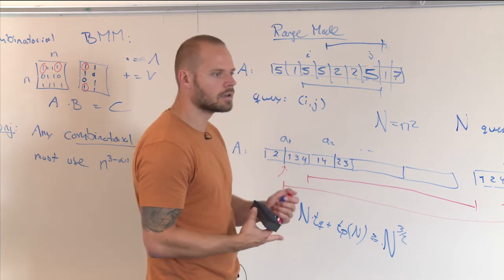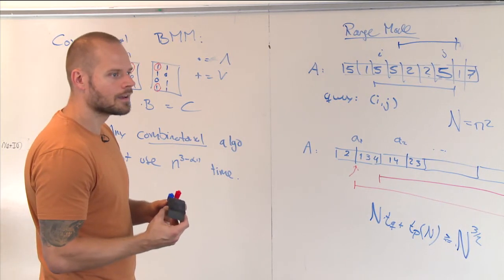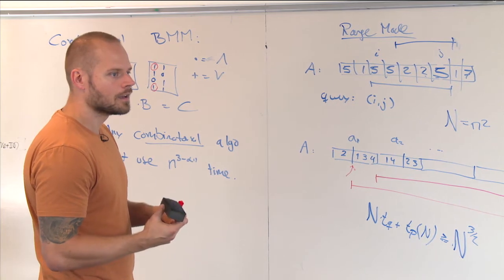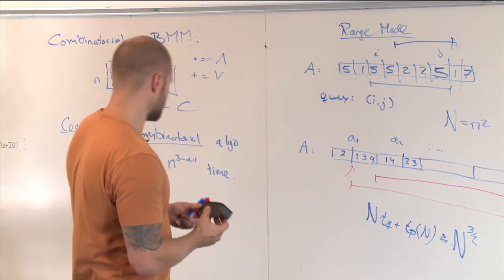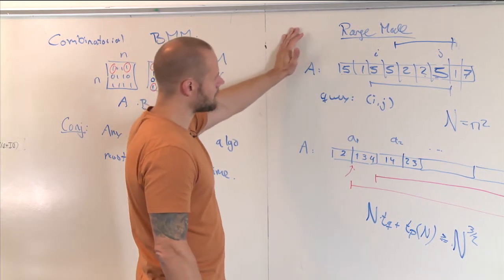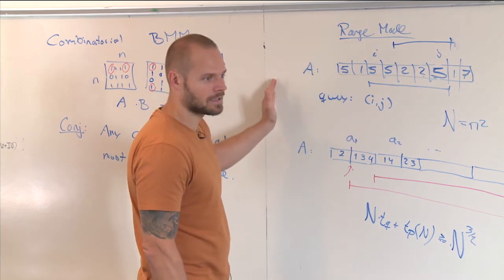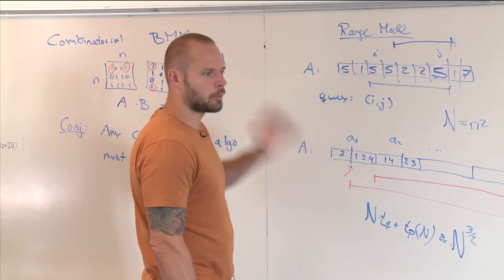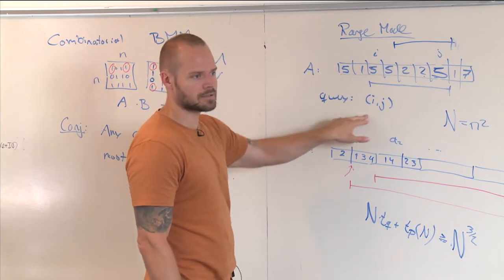I missed something. I heard you responding to something by saying that something was an online problem, but I thought both of these are static. Yes. Again, you can still think of this range mode problem. Even if you build a data structure, the queries are like in range mode, you don't know the queries in advance, the i, j. So it's kind of online.